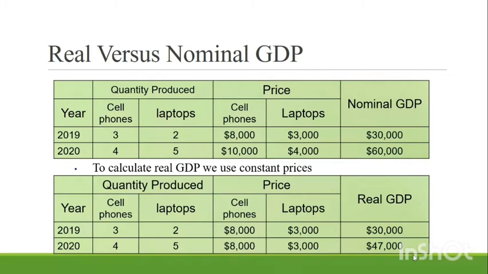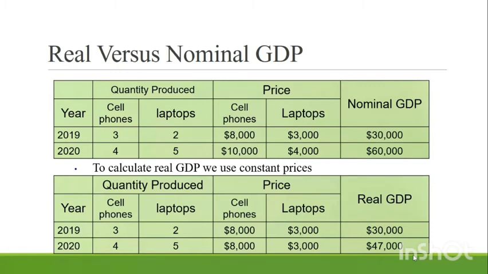Now we come to the next year, which is 2020. In 2020, the level of production for the cell phone has increased from 3 to 4, and the level of production for the laptops has increased from 2 to 5. Now, as I mentioned earlier, in the calculation of real GDP, we have to keep the price level constant.